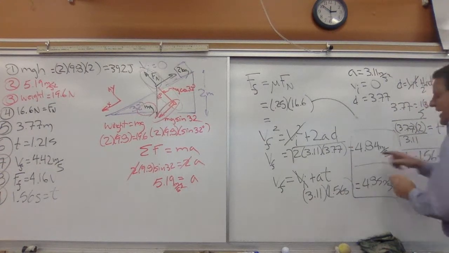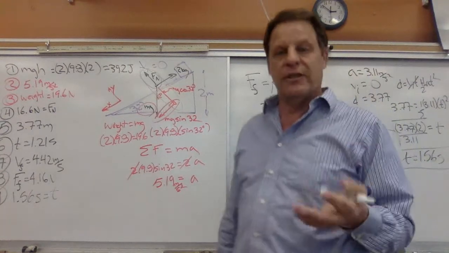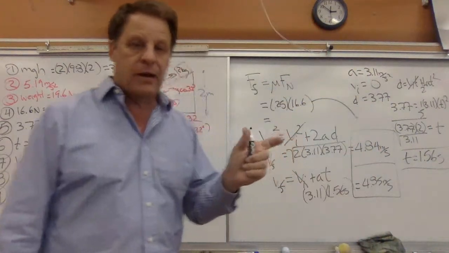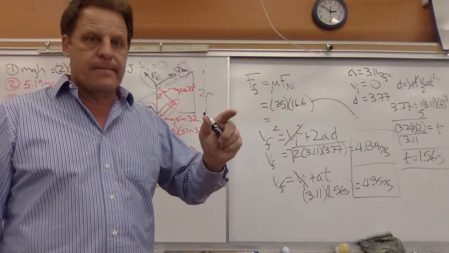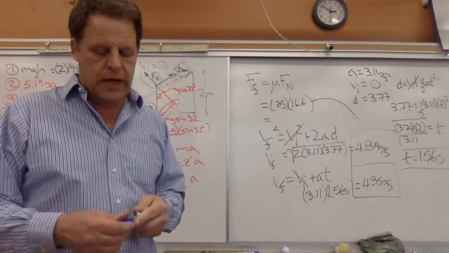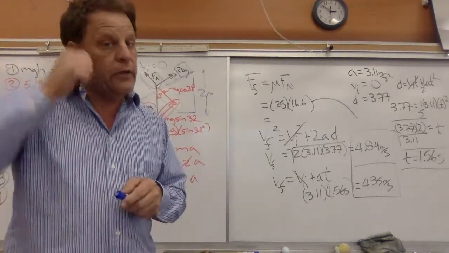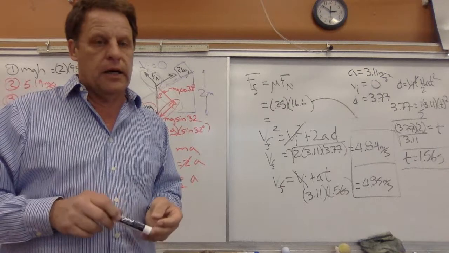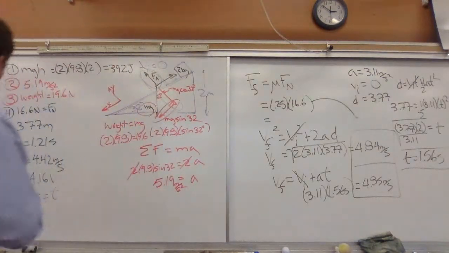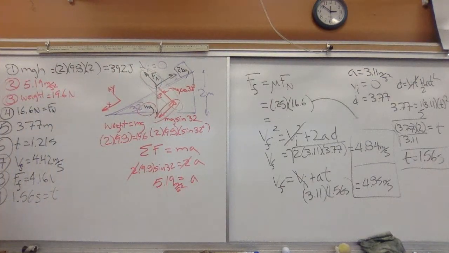Now we can see that is essentially the same thing. It's just a matter of the way we rounded. Either one of those is going to be fine. So for number 10 here, we'll call it 4.85 meters per second was our v final.